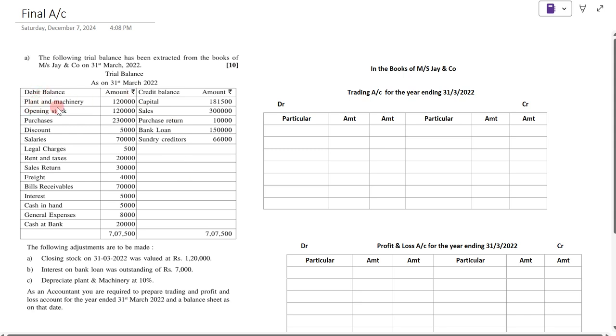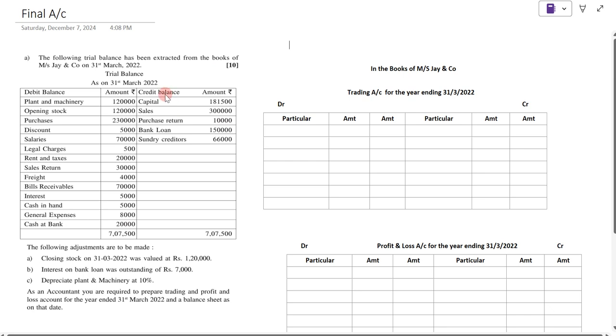In debit balance we have plant and machinery 1 lakh 20,000, opening stock 1 lakh 20,000, purchases 2 lakh 30,000, discount 5,000, salary 70,000, legal charges 500, rent and taxes 20,000, sales return 30,000, freight 4,000, bills receivable 70,000, interest 5,000, cash in hand 5,000, then journal expenses 8,000, cash at bank 20,000.